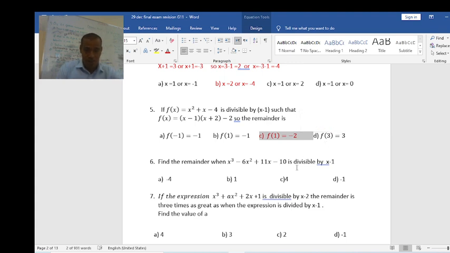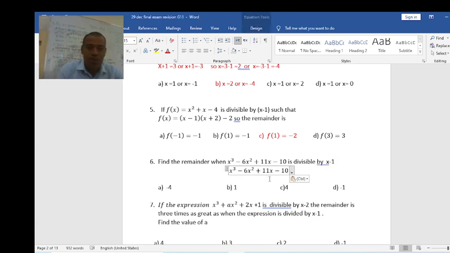Okay. For question number 6, you find the remainder when x cubed minus 6x squared plus 11x minus 10 is divisible by x minus 1. Here it is just substitution. Just substitute x equal 1 in your function.